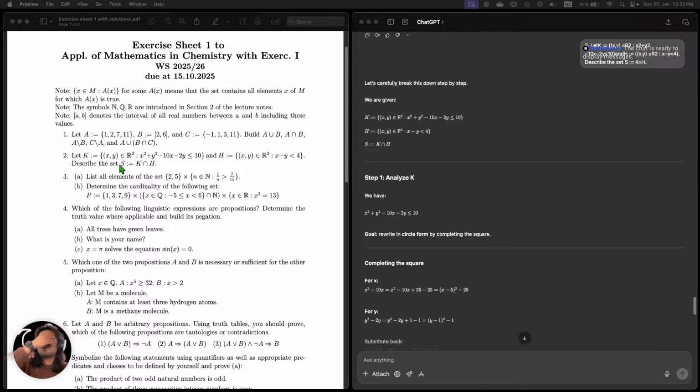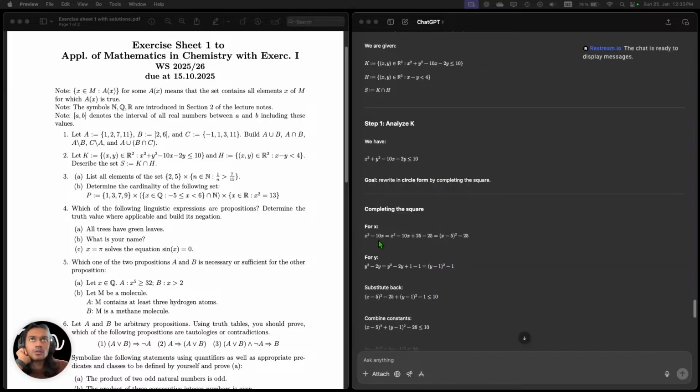Describe the sets. So we have x squared plus y squared minus 10x minus 2y less than or equal to 10. Rewrite in circle form by completing the square.